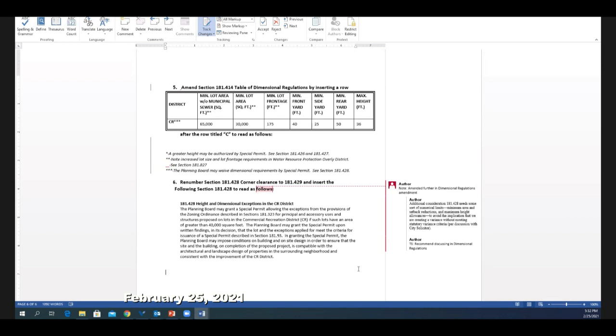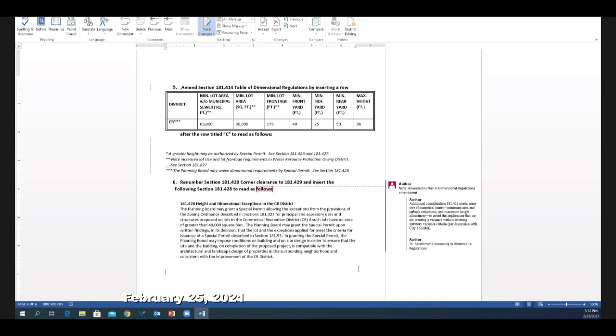But we do want to preserve the flexibility because we don't necessarily know what may be needed in terms of building height. Say a climbing facility would come in, maybe that would require a taller building than would be envisioned otherwise, or something to the effect that we just don't know about right now. So I think that's something we can tackle in the future.